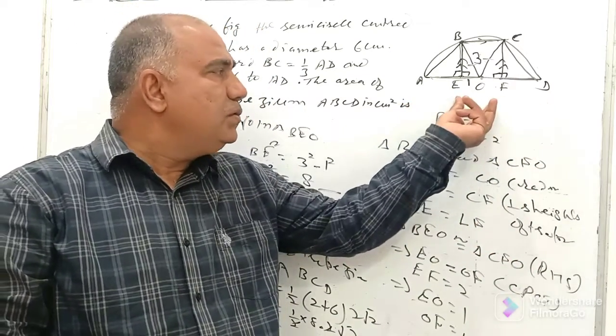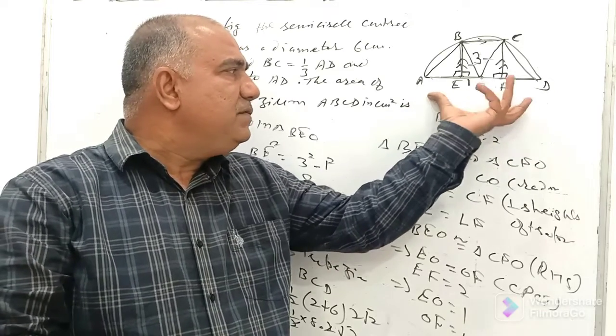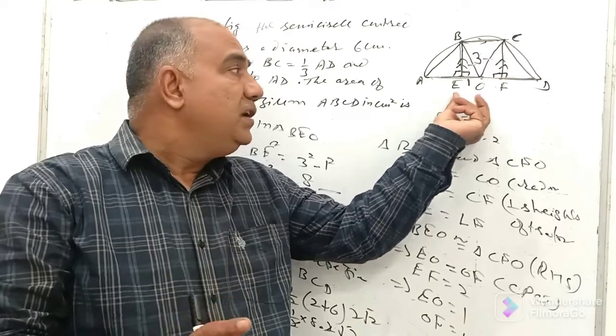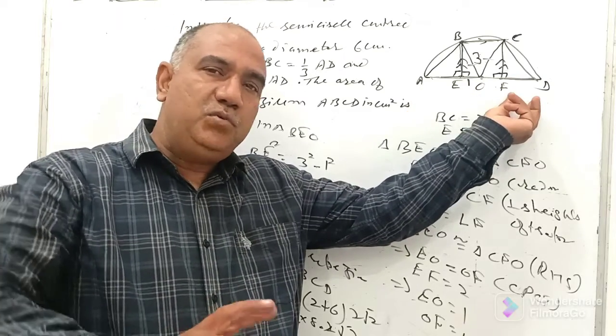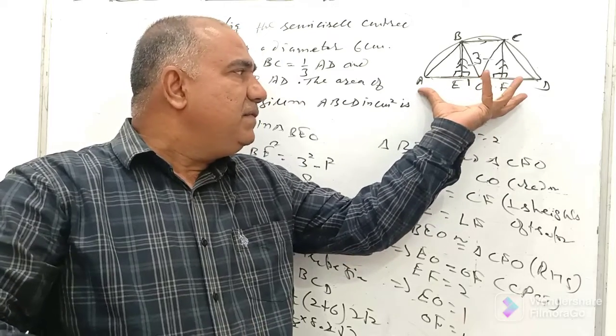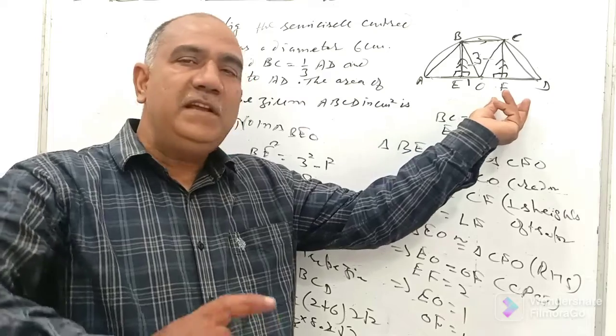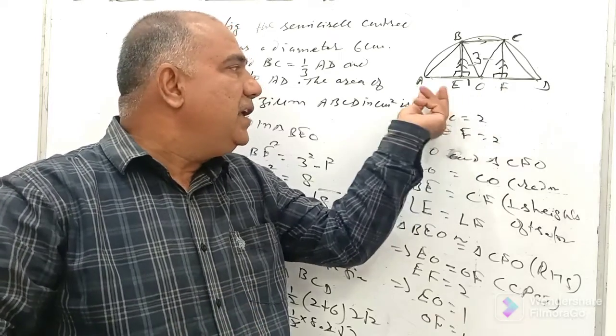We also know that AE and FD together have to be 4, because AD was 6 and EF was 2. So AE plus FD together is 4, and AE is equal to FD.